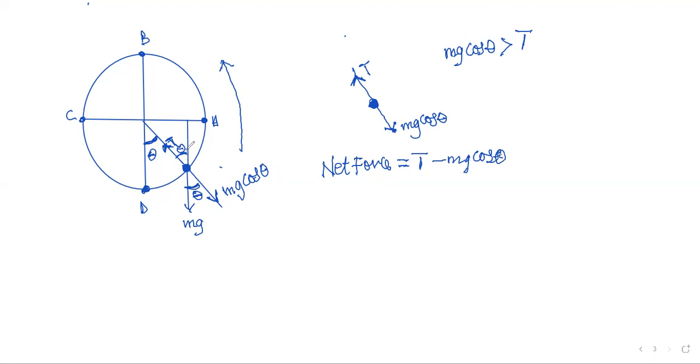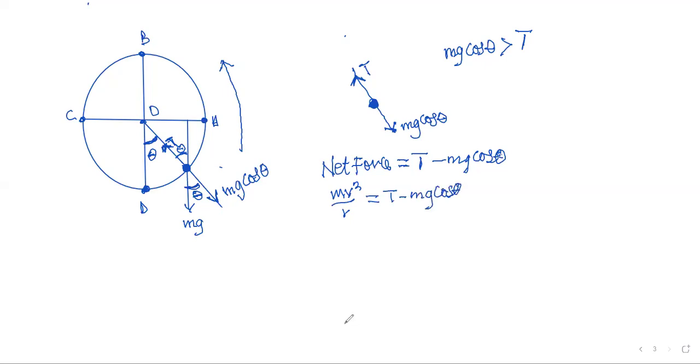So, because the larger force is acting towards the center O, we equate it to the centripetal force, which keeps the object within the circular path. So, mv squared over r is equal to T minus mg cos theta.